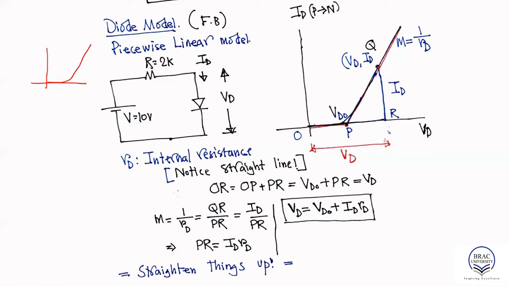So if you draw one straight line from here to here, and this is another straight line, you see both characteristics, the real IV characteristics and the one with two straight lines, are almost identical apart from this region. So whatever errors or loss in accuracy we obtain here, I think we can live with that.